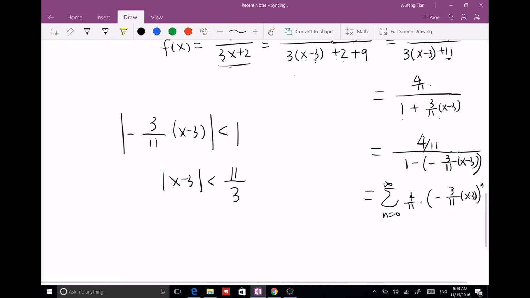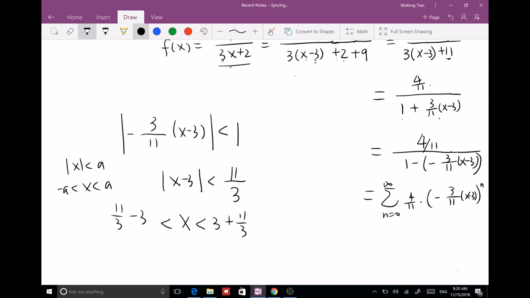So you get x less than 3 plus 11 over 3, bigger than 11 over 3 minus 3. Okay. So when you have absolute value of x less than a, x is less than positive a and bigger than negative a. Oh, sorry, I did it wrong.